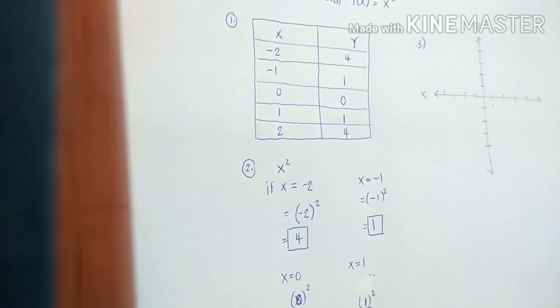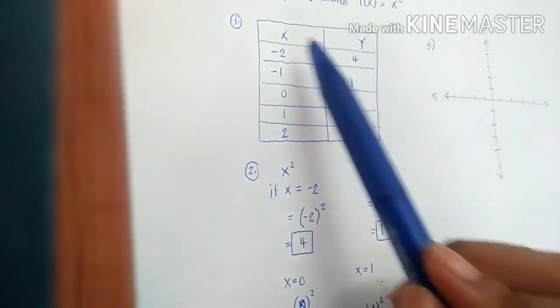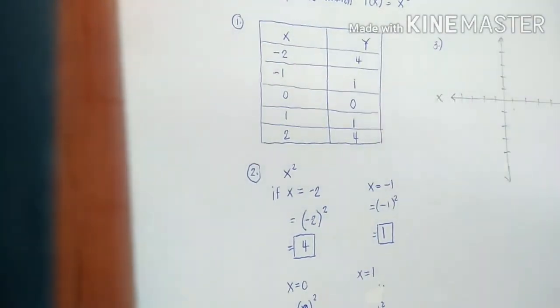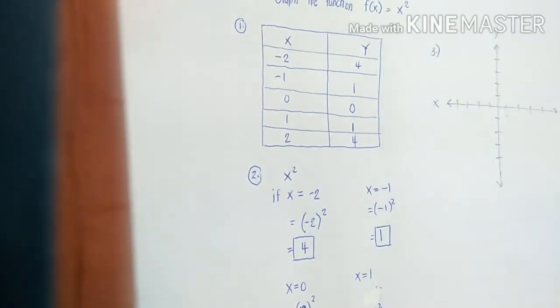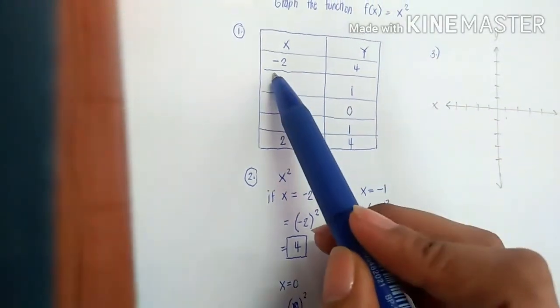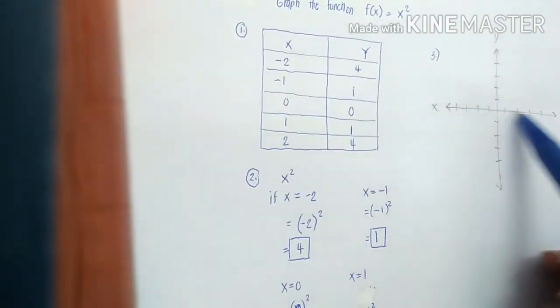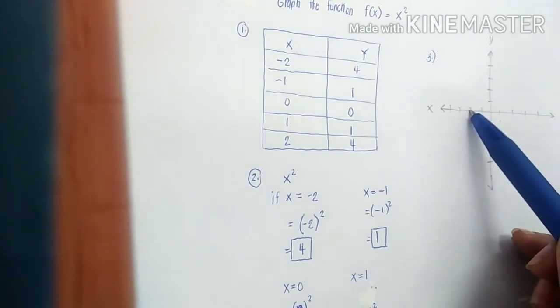Second step: plot all the points using x and y. We need to start on the x-axis. Since x is negative 2 and y is 4, let's start at negative 2. Then y goes up or down.